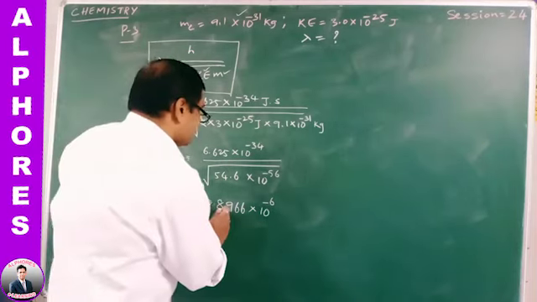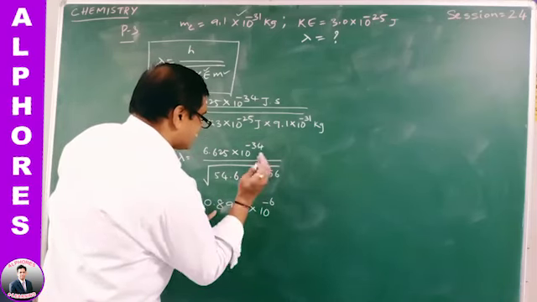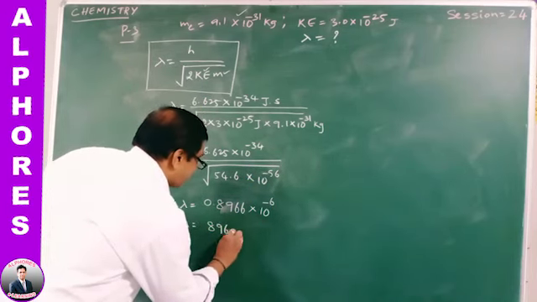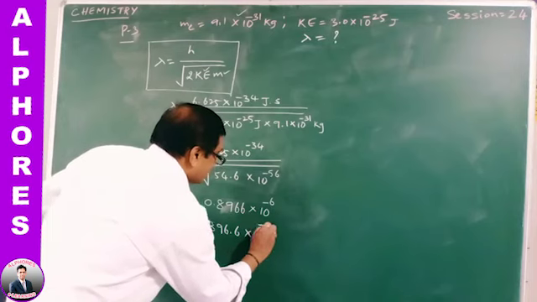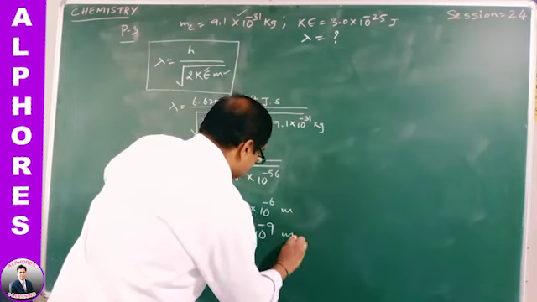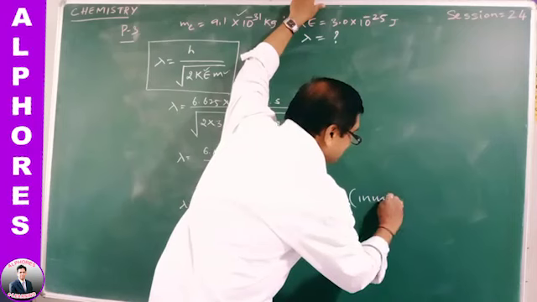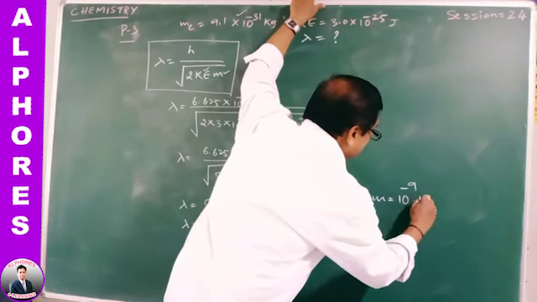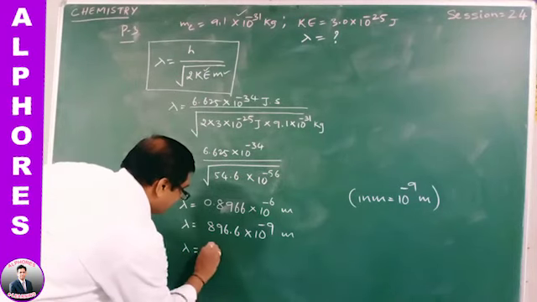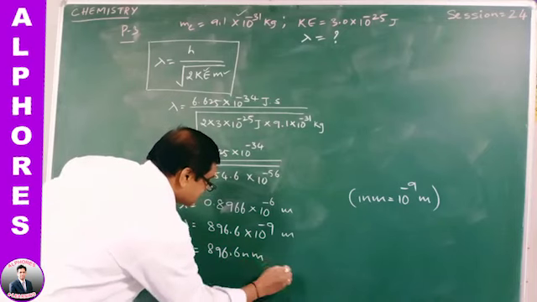When I move the decimal 3 digits, it becomes 10 to the power minus 9, that is 896.6 into 10 to the power minus 9. You are getting it in meters, and as we know that 1 nanometer is equal to 10 to the power minus 9 meters, therefore lambda is equal to 896.6 nanometers. Done.